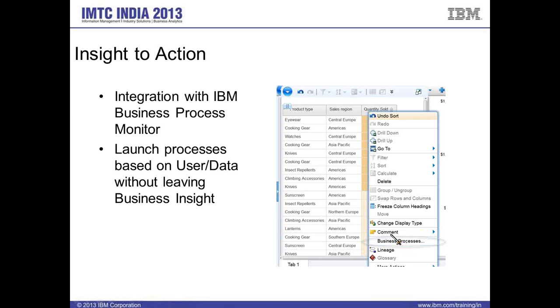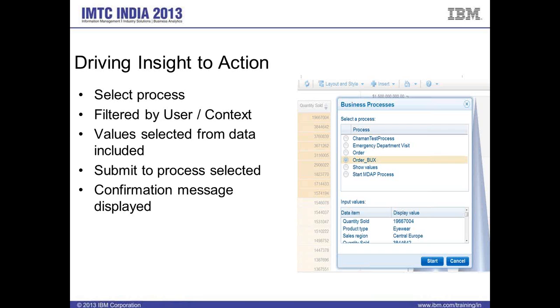So you can see in the slide, we have an option for business process as a context menu. When I right-click onto the particular data after selecting it, it will allow me to pass that context to a business process management solution.